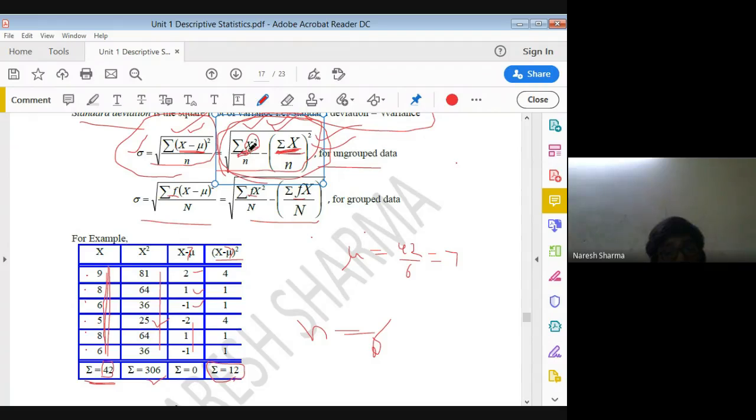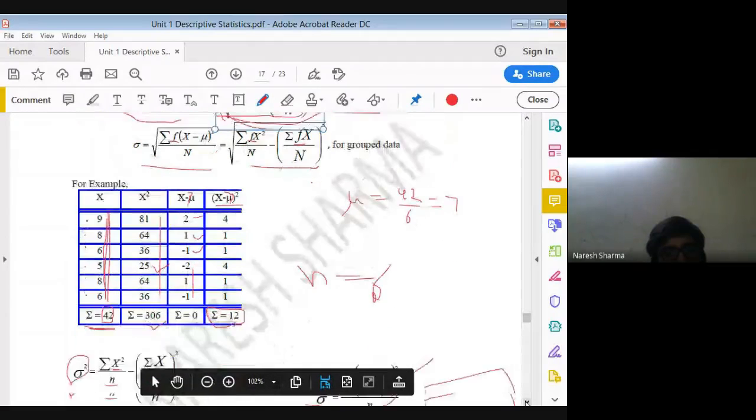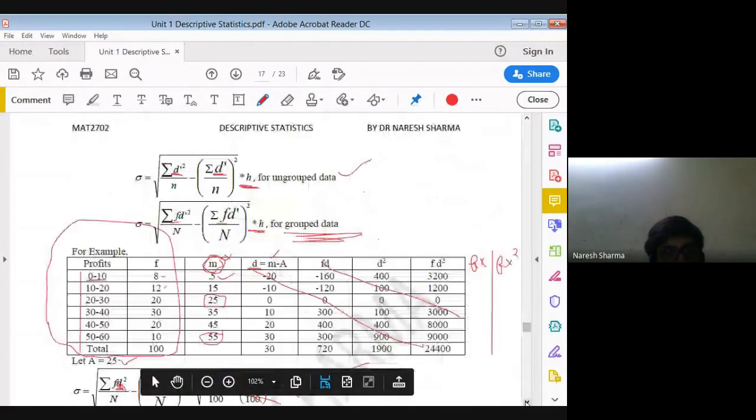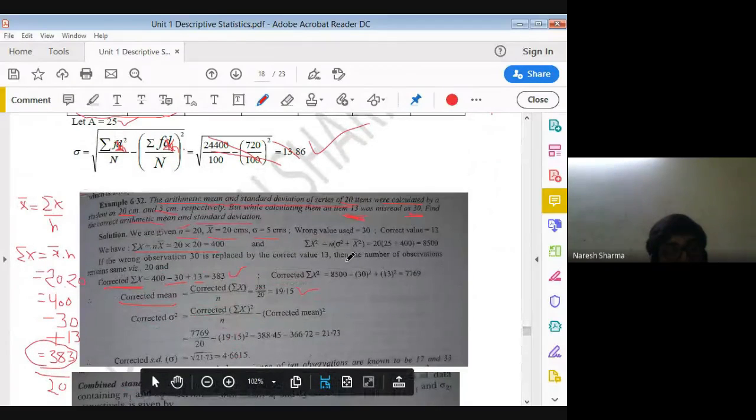Also summation x square is affected, because in summation x square, 30 square is added instead of 13 square, so we need to correct that also. We require the correct value of summation x square.